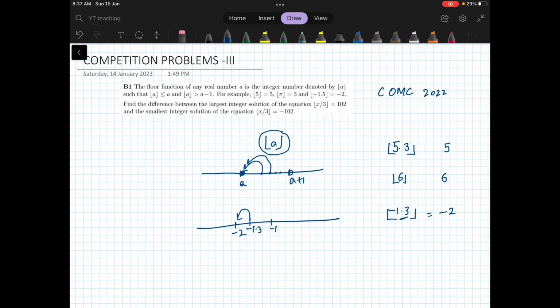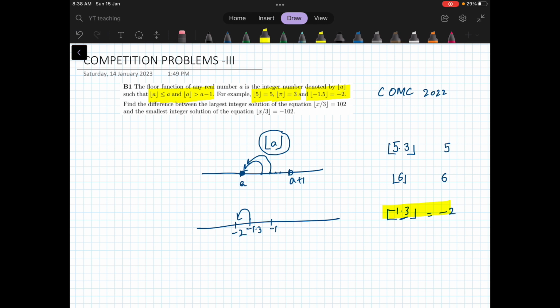So that's the idea of the floor function. They have given here that the floor of 5 is 5, the floor of pi is 3 because pi is 3.14, and the floor of minus 1.5 is minus 2. Now we are good to go.